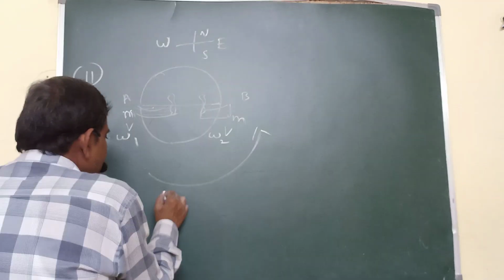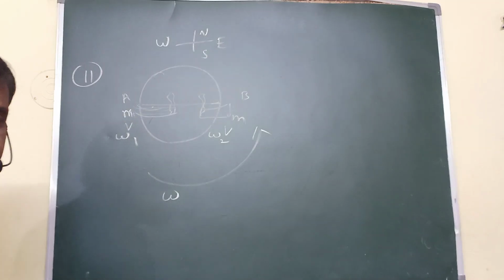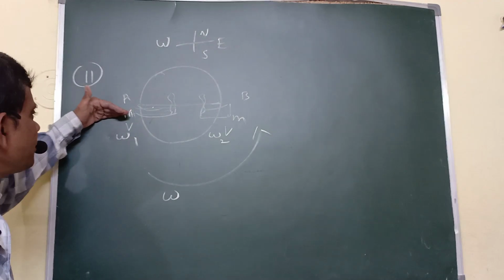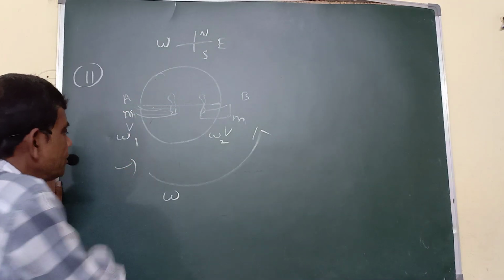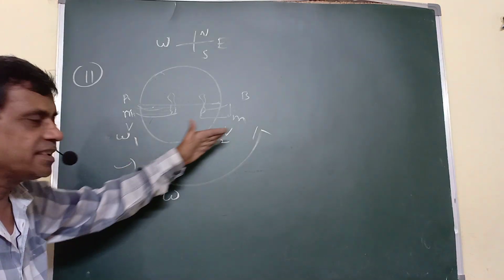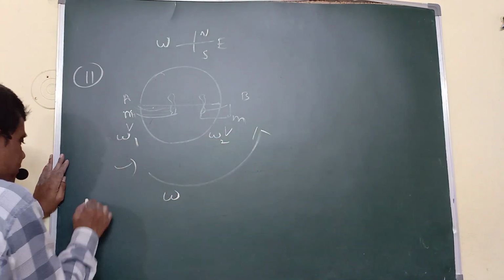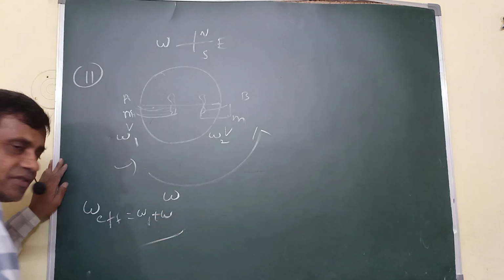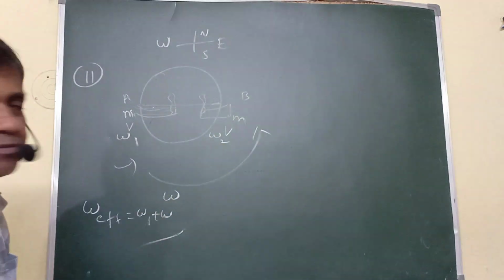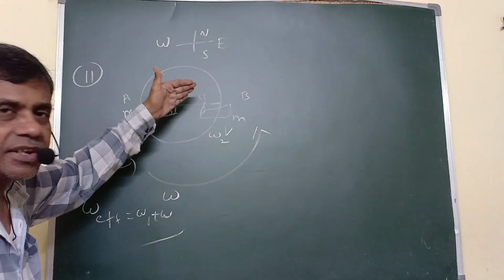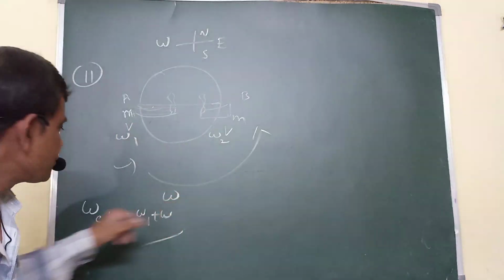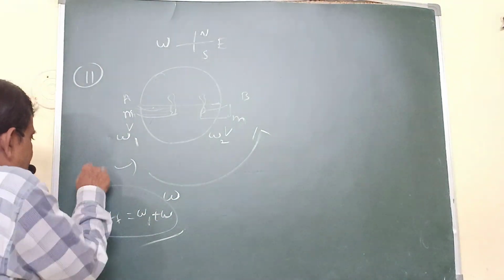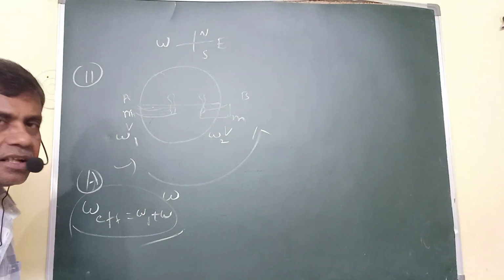Earth is revolving with angular velocity omega. This train is coming in this way. Earth is moving like this. So what happens here? The effective angular velocity is omega 1 plus omega, because it is in the same direction. This rotation is the same, the earth's rotation is also the same. So this is our effective angular velocity.